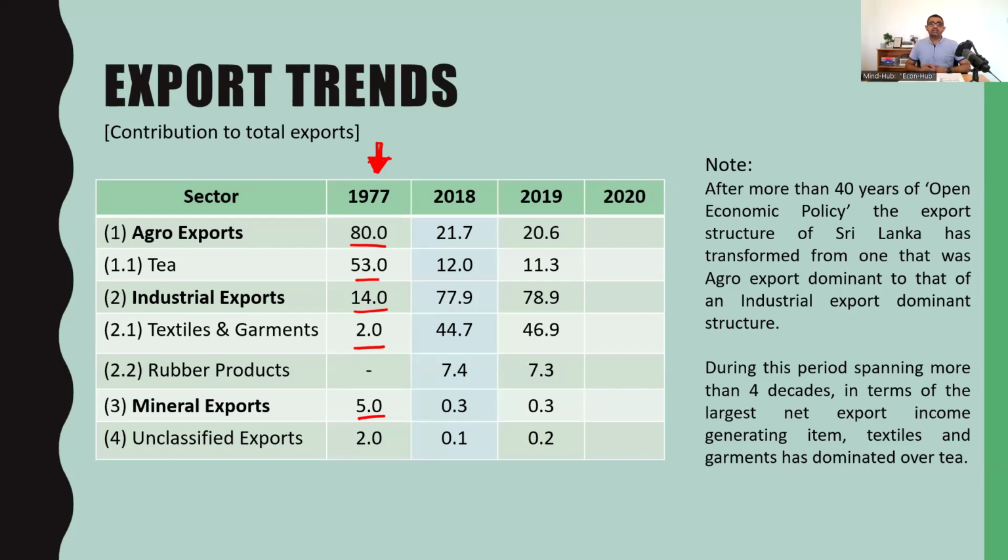This transformation you guys need to see from 1977, where we officially became a fully fledged open economy, up to now. The transformation is clear. Okay? Right. So with that, I will come back to the study material.